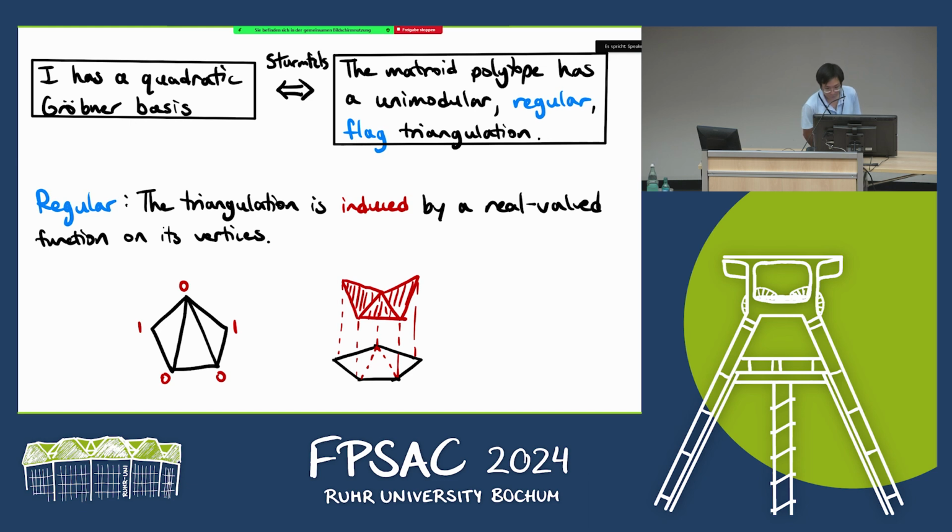Okay, so now I'll define what all these terms mean. So we saw what unimodular means, and what regular means is that it's induced by some real valued function on its vertices. So I can assign numbers to all its vertices, and then I lift this polytope according to these numbers, and I get these folds, and then if I project back down, remembering where the folds are, I get some triangulation, and that's what a regular subdivision or a regular triangulation would be.